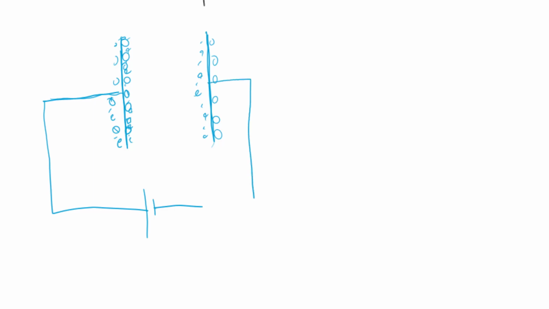Now when you externally give a positive supply, more holes will try to form onto this plate. And when you connect the negative supply here, more electrons will try to form in this plate.